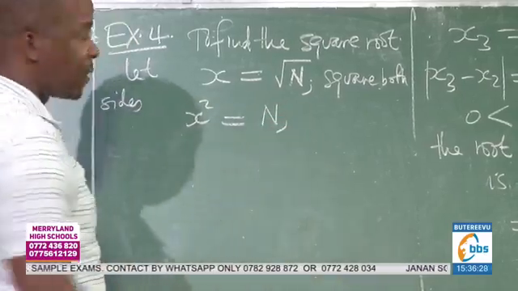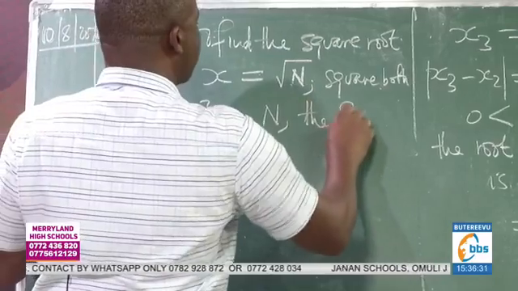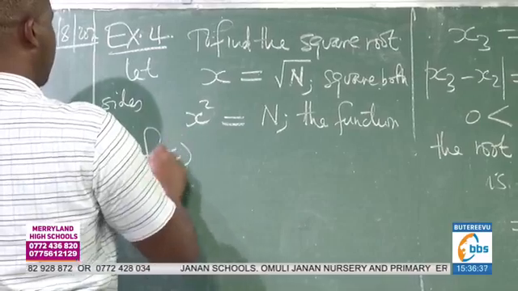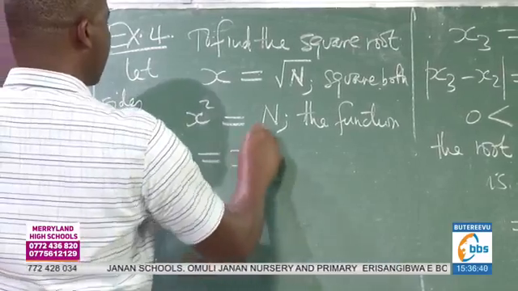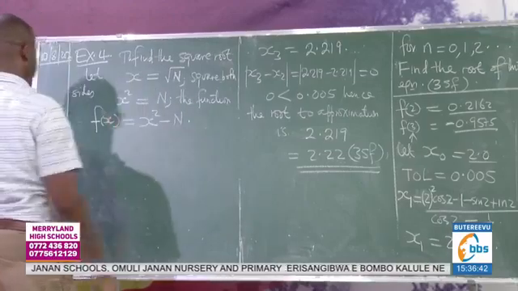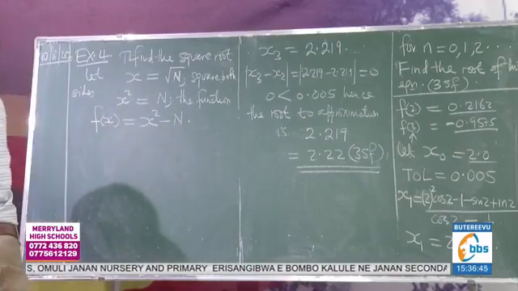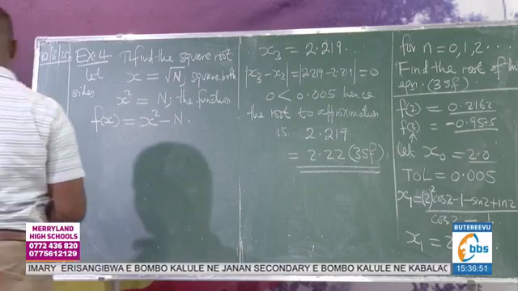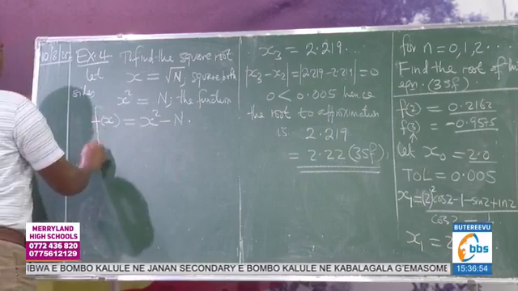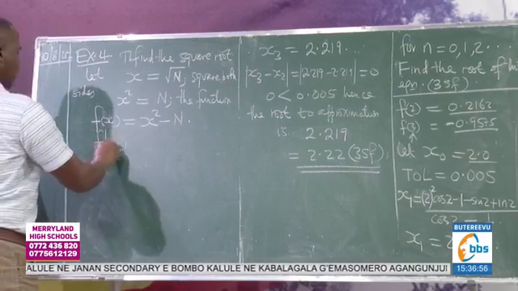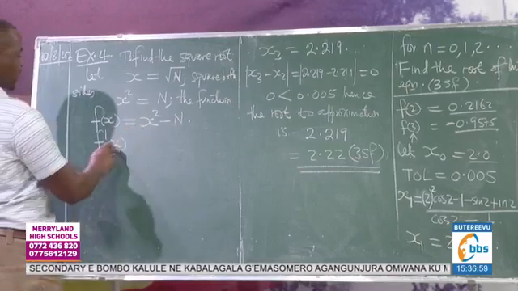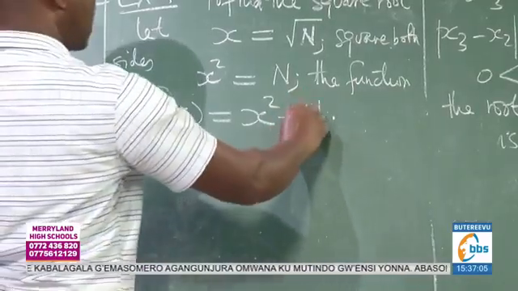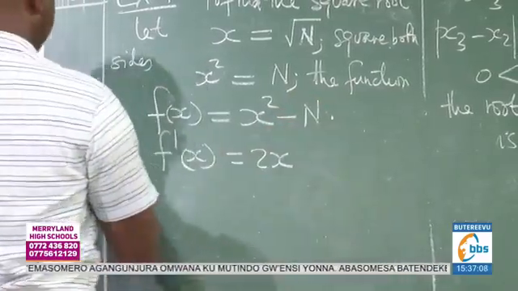And this will imply that the function f of x, which we are looking for, can be written as x squared minus n. And we need to get the first derivative. This is simpler. We are differentiating with respect to x, so we shall get 2x. Since n is a constant, it will disappear.